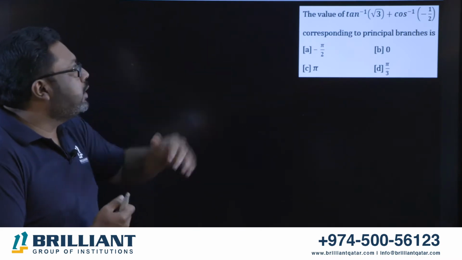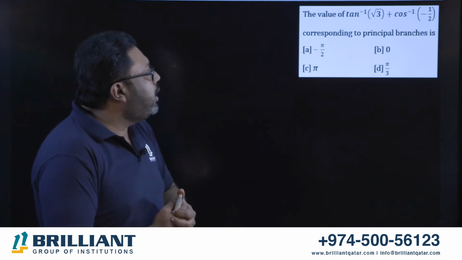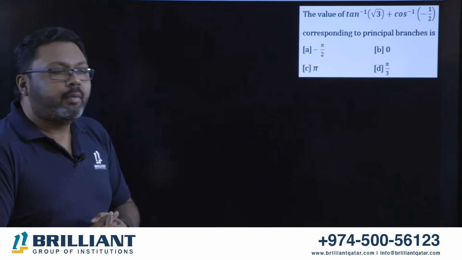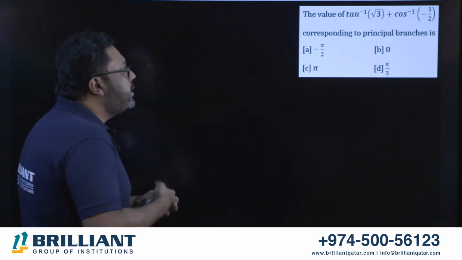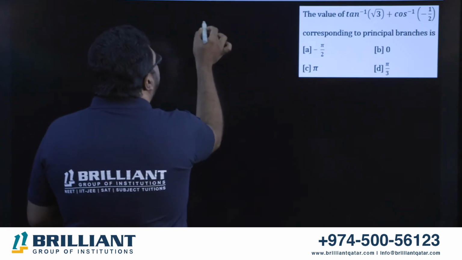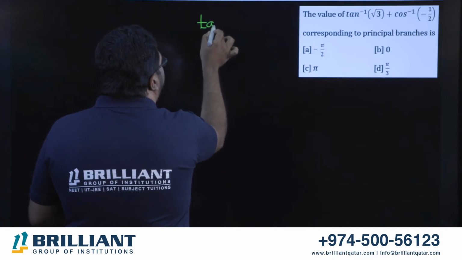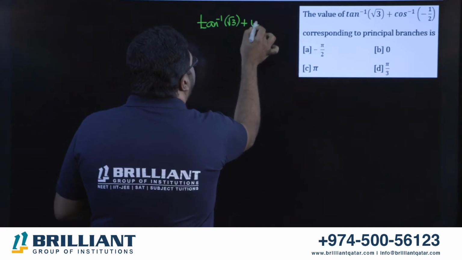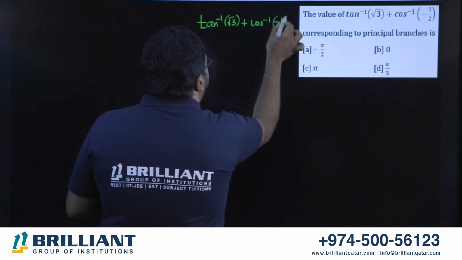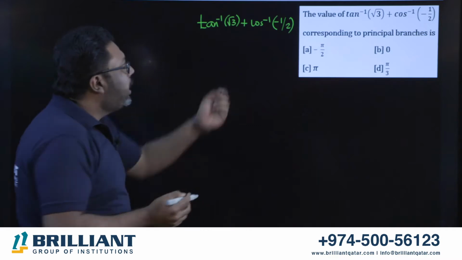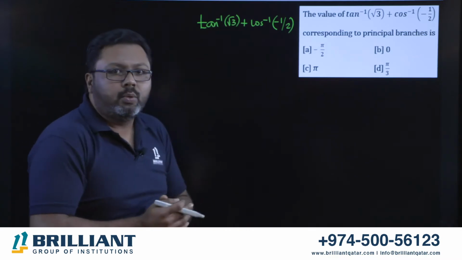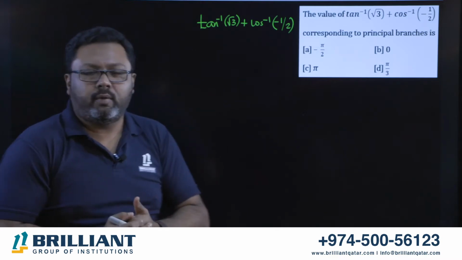Okay, so first question here, they're asking you to find the value of tan inverse root 3 plus cos inverse of minus half corresponding to the principal branches. So keep in mind, you can see that there is a negative value corresponding to the inverse trigonometric function.